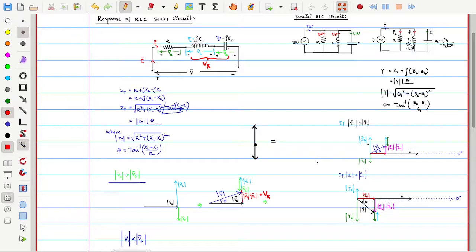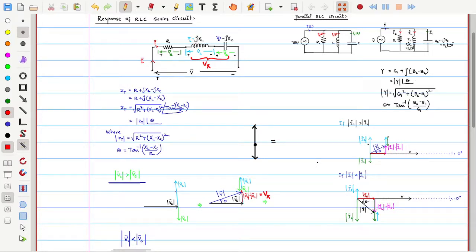Inductor and capacitor. So this total voltage Vx across these elements depends on whose voltage is higher. For example, if the inductor voltage is higher, then the net resultant voltage, which is Vx, will be in the direction of VL. See this, Vx is in the direction of VL.